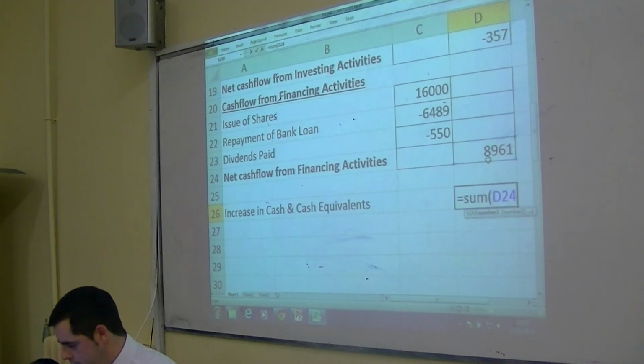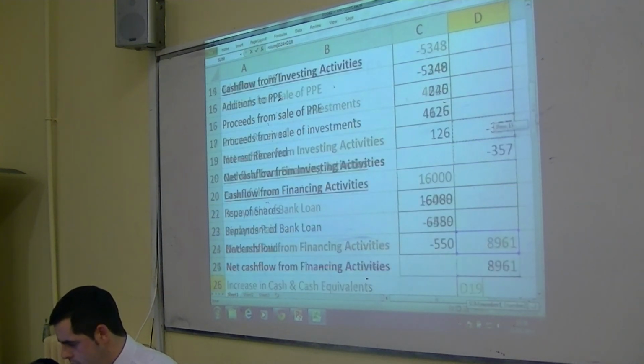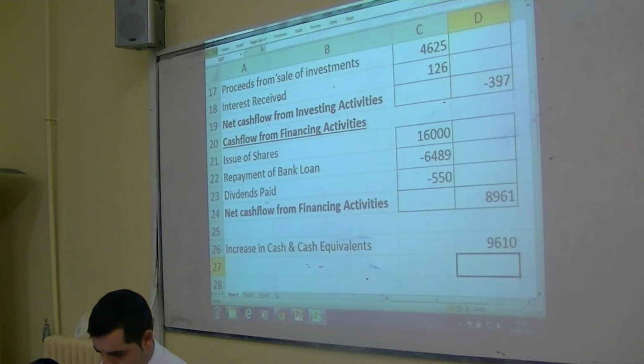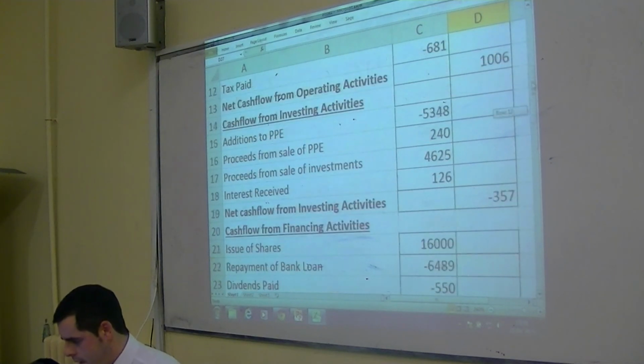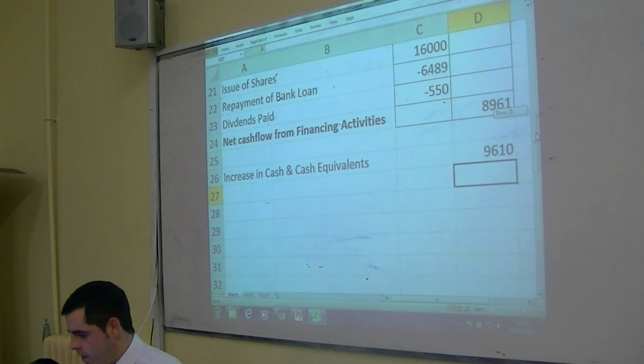We have 8961, 357, plus 1006. 9610. You can treat those together, the three in our total column. So an increase in cash of 9610.